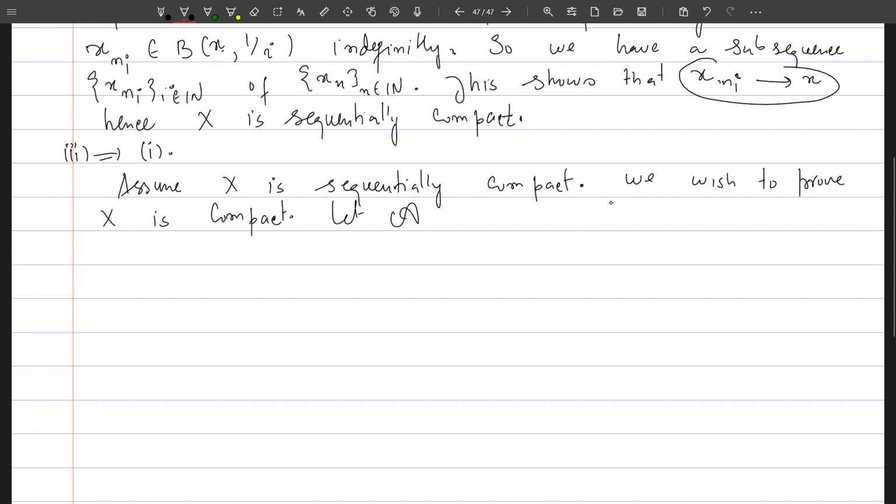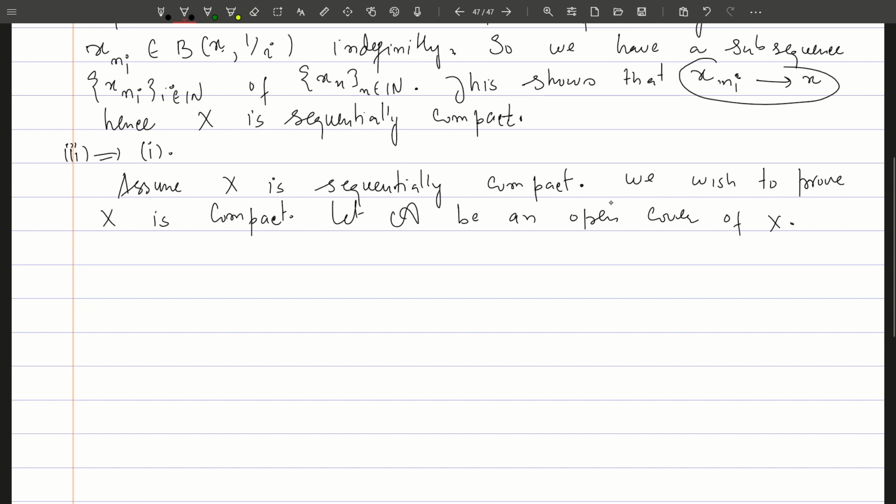So let this fancy A be an open cover of X. Now, since X is sequentially compact, the open cover A has a Lebesgue number, say delta. So we know a sequentially compact metrizable space satisfies the Lebesgue number lemma. So now we are given X, which is sequentially compact and metrizable. So for this open cover A of X, this open cover A satisfies the Lebesgue number lemma.